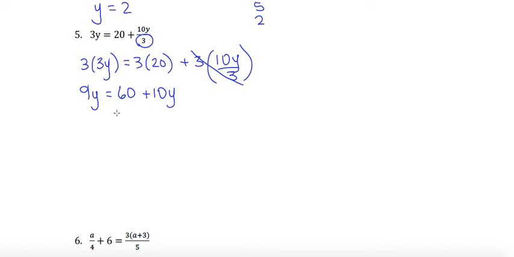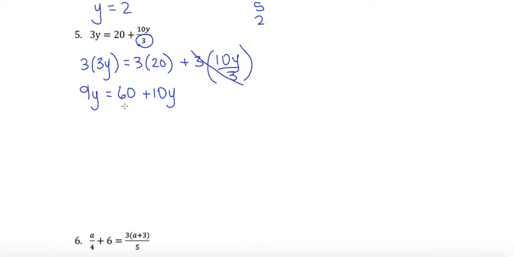So now what we want to do is move all of our terms with a letter to one side and all of our terms with a number to the other side. You'll notice that the positive 10 is larger than our positive 9. So normally I would move my variables to the left-hand side, but this time I'm going to move them to the right-hand side.